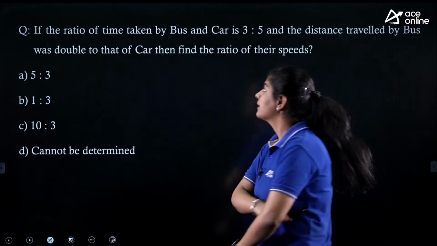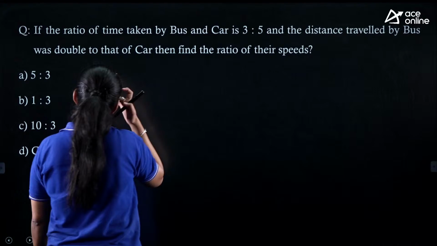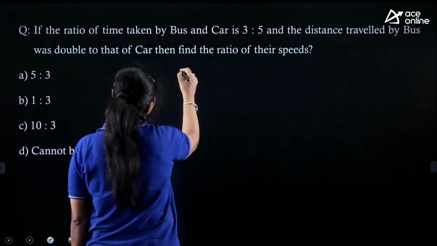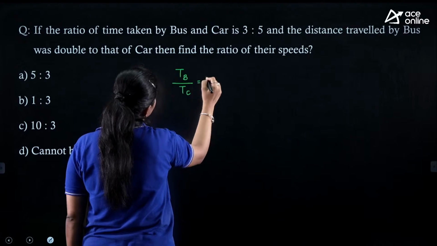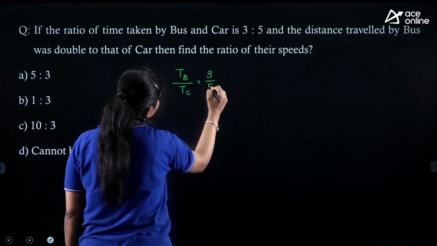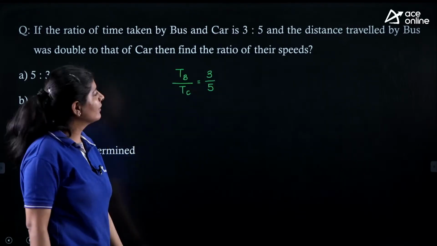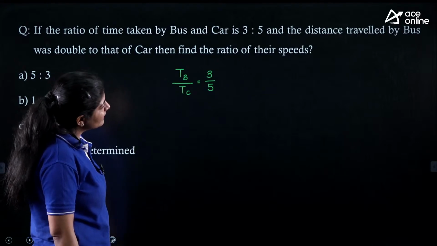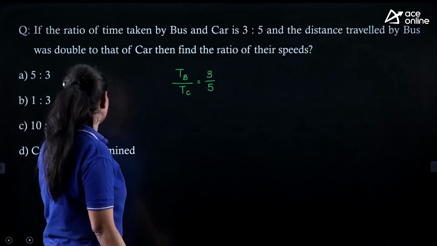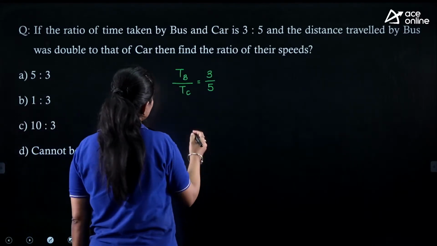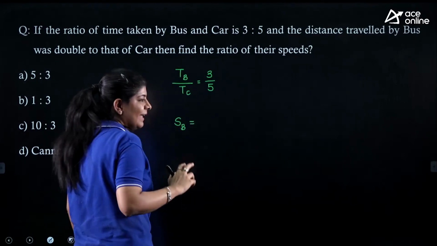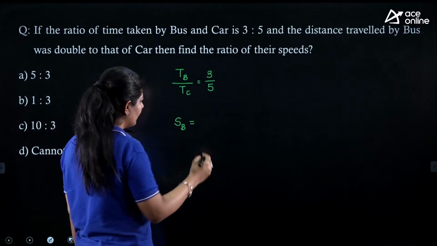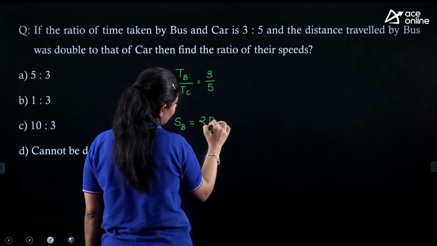Okay, let's try to understand. The question is saying that the ratio of time taken by bus to car is given as 3:5. Right? This is the thing that we are having over here. The distance travelled by bus was double. So let's try to calculate the speed of the bus. As the distance got doubled, we can say twice the distance.